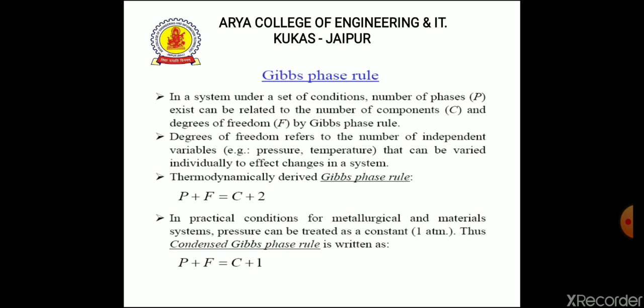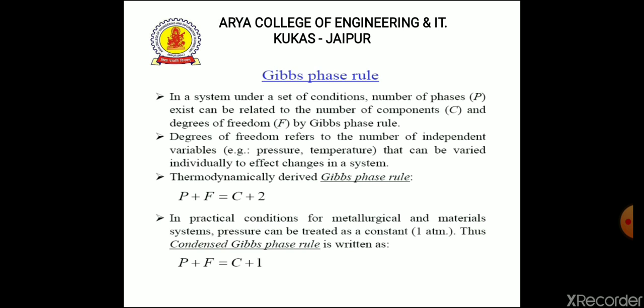Now, the Gibbs phase rule. In a system under a set of conditions, the number of phases P that exist can be related to the number of components C and the degrees of freedom F by the Gibbs phase rule. Degrees of freedom refer to the number of independent variables that can be varied individually to effect change in a system.